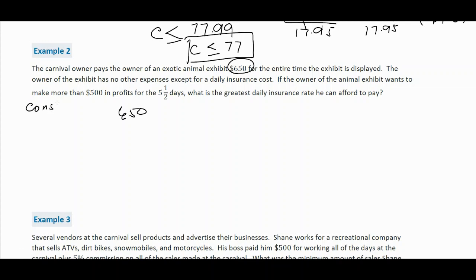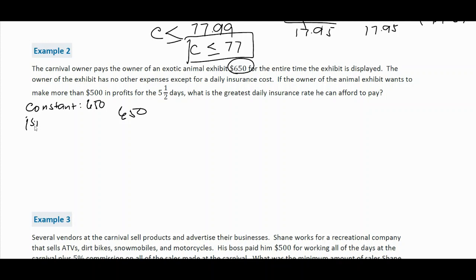So let's write there constant 650. Now, it says here, the owner exhibit has no other expenses except for a daily insurance cost. So it means that daily insurance cost was going to be put up into the 650. All right.